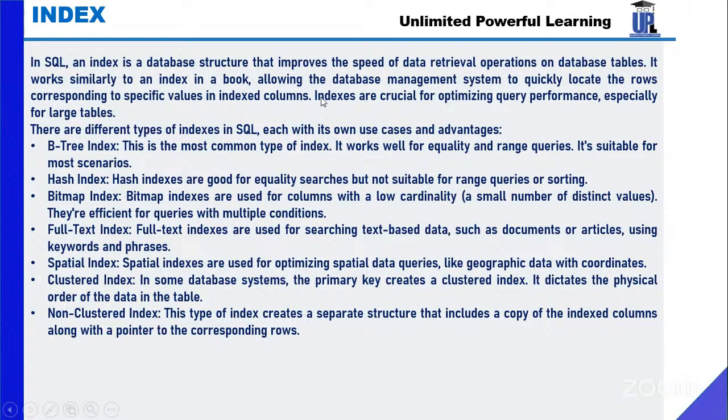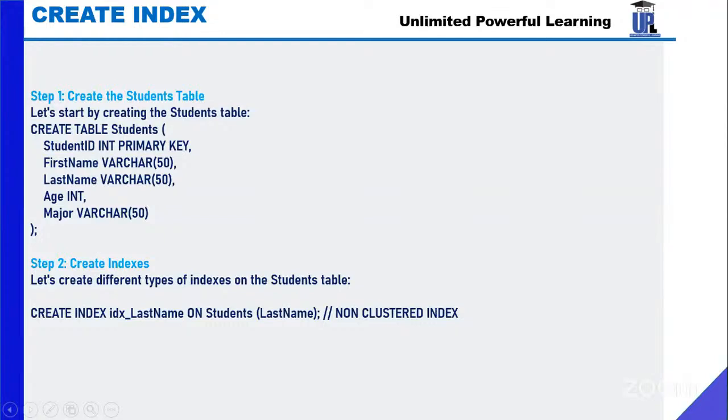So that's why people are using the indexing concept for query optimization. I'm not getting into all these things because these are the inner data structures used for indexes. Now, if you want to create an index, if only one column is used, that is called a non-clustered index.